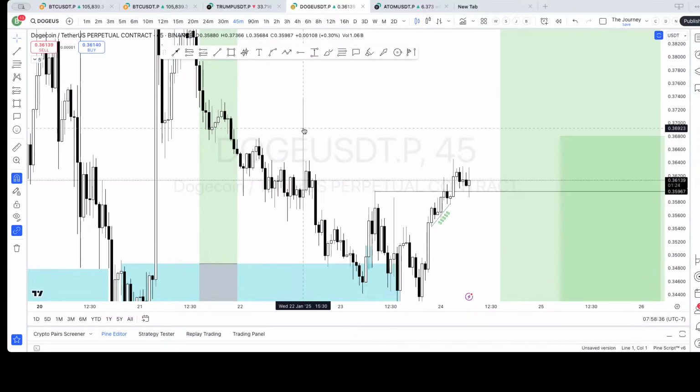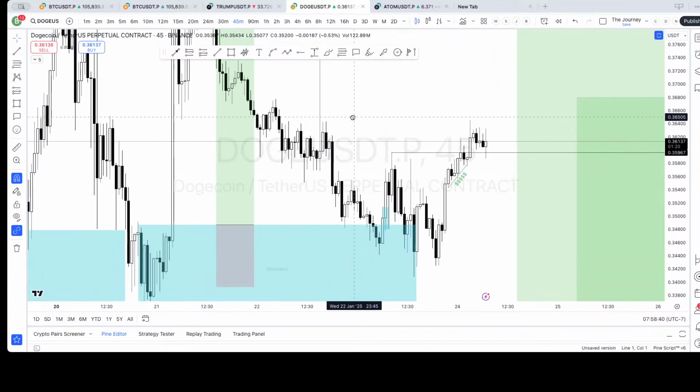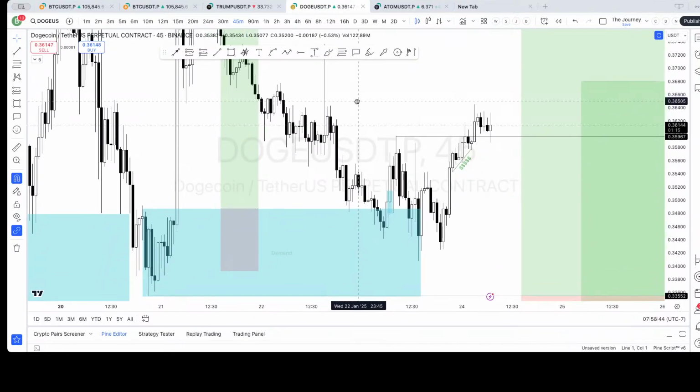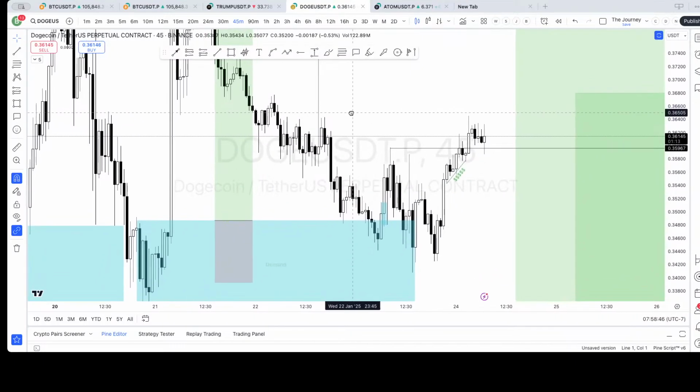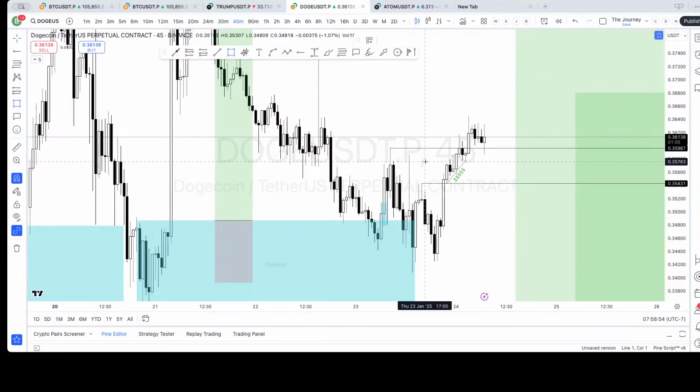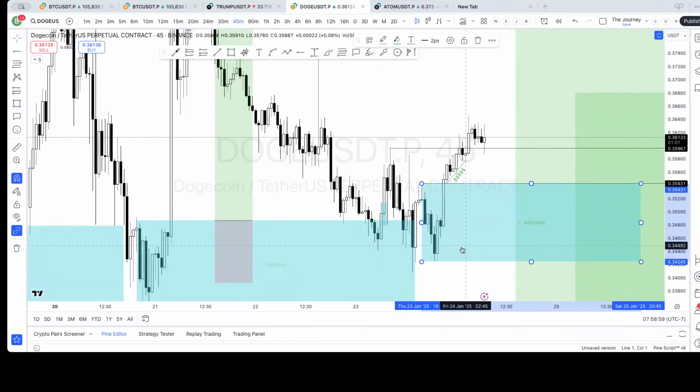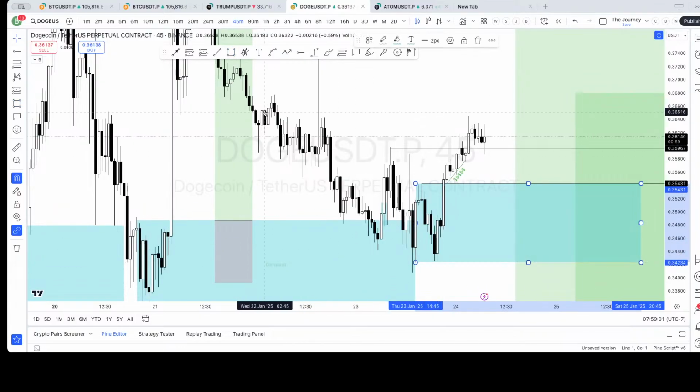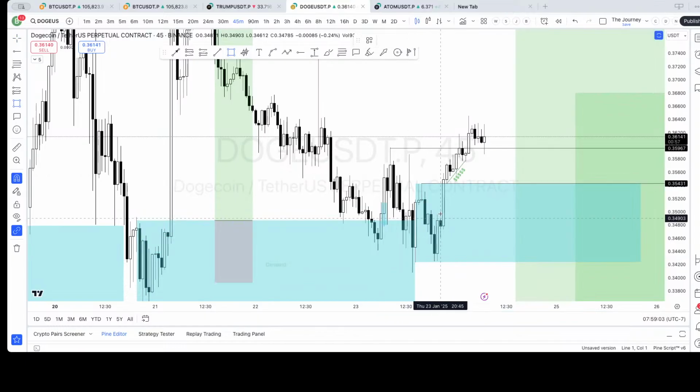I don't like this wick, man. I don't like that wick. Really rather see it come back down into areas like this. This chart is starting to get to be a wreck. I gotta move some shit around.